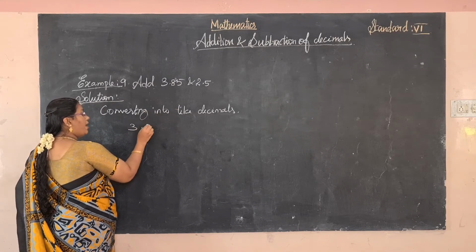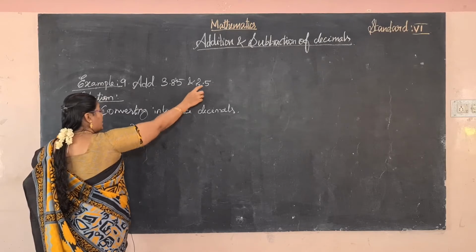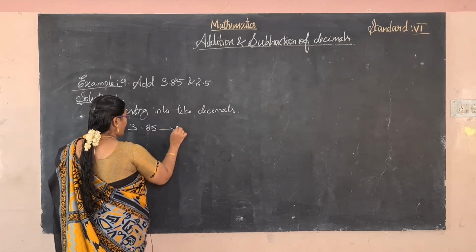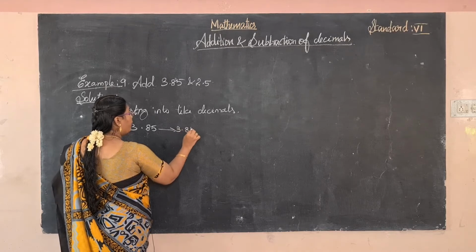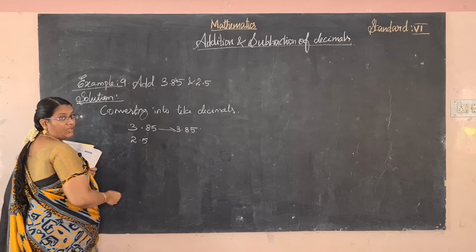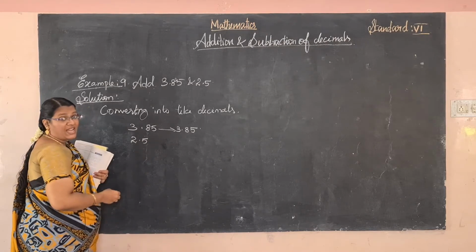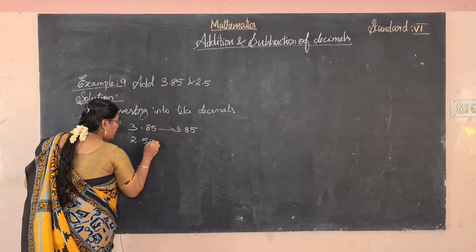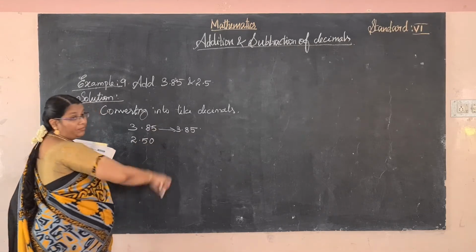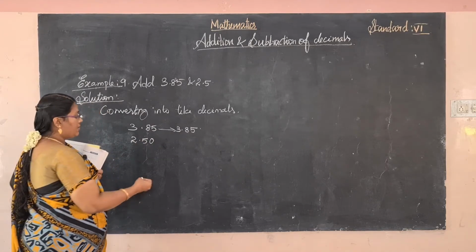So 3.85, and the next decimal, 2.5. Here only the tenths place is there, so you add 0 in the hundredths place. Now we get like decimals.